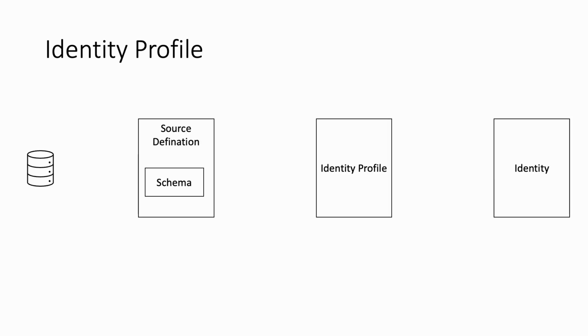Identity profile. In SailPoint IdentityNow, it is a centralized collection of identity attributes sourced from various applications. Source definitions refer to the systems and applications from where identity data originates, for example, HRMS and Active Directory. Schema refers to the structured format of data.